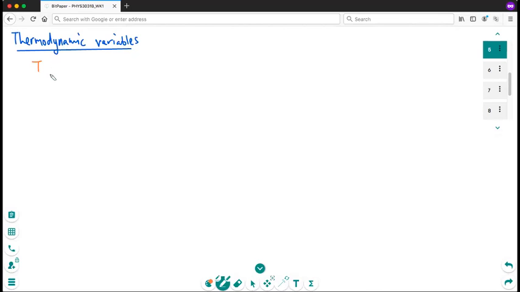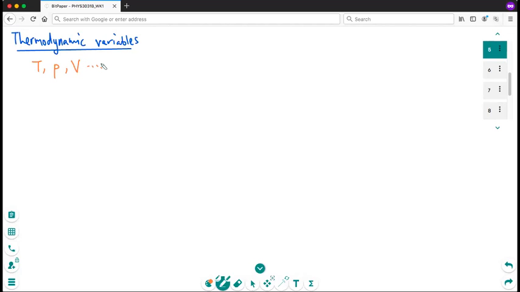We want to know about the temperature of the system. We want to know about the volume. We want to know about the pressure, and so on. Okay, so these are examples of thermodynamic variables.